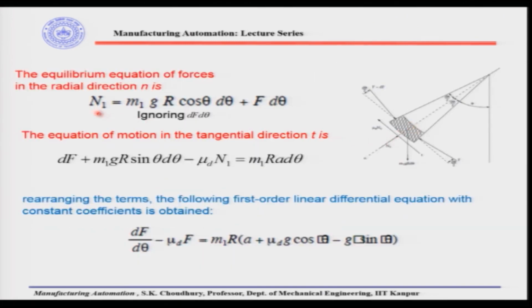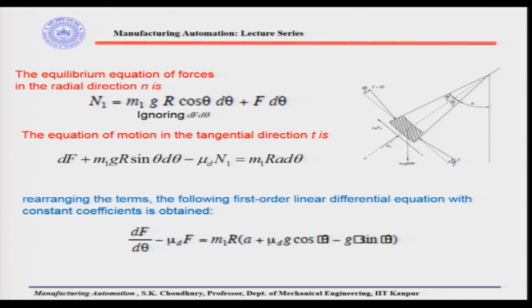So, from here you can see the equilibrium equation of forces in the radial direction n, let us say in this direction. Okay. In here what we have is the N1 itself, and this is opposed by m1 g r d theta and the cos theta, which will be a component of this, meaning that this force will have two components, one in the direction of the n and another in the direction vertical to n.